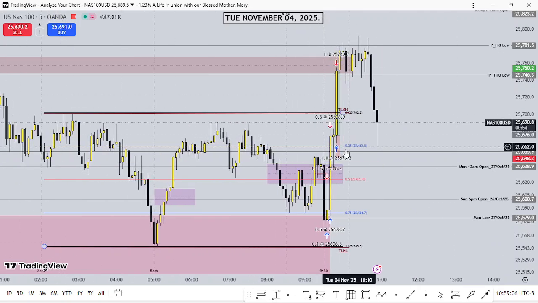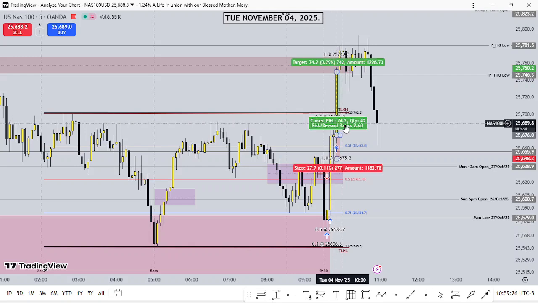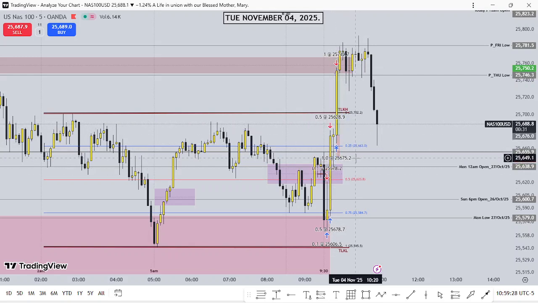So this candle that is 25628. Yeah, exactly. So I sold here. I had my stop loss where 25.